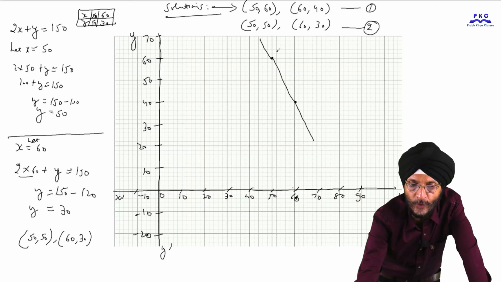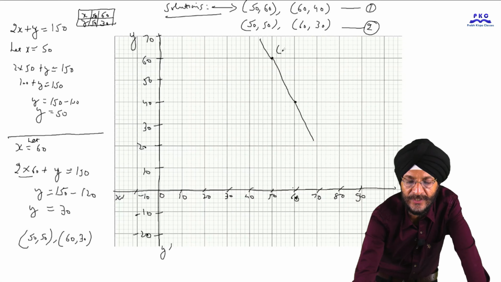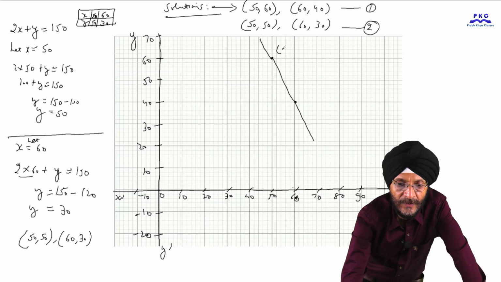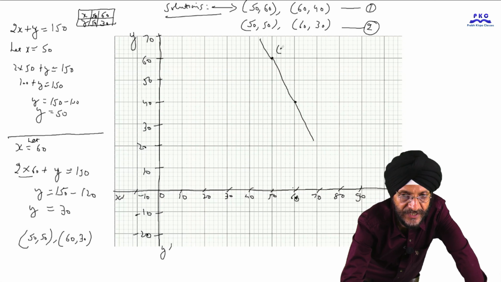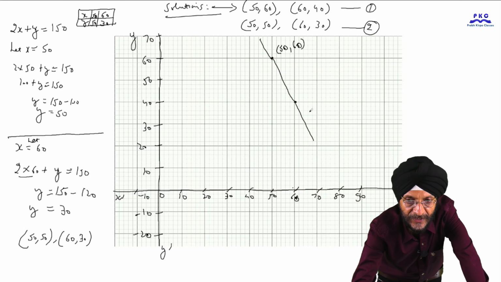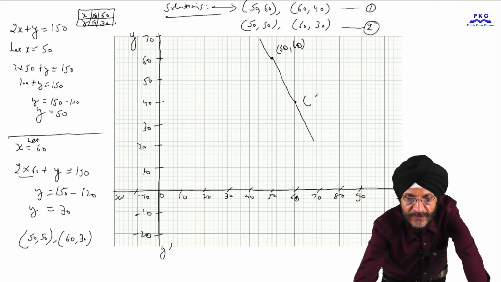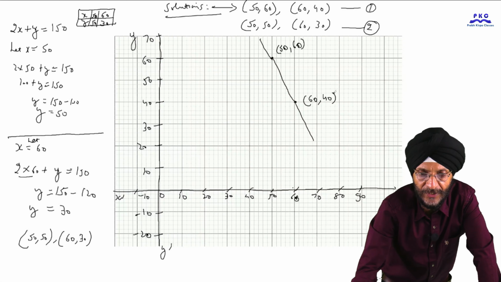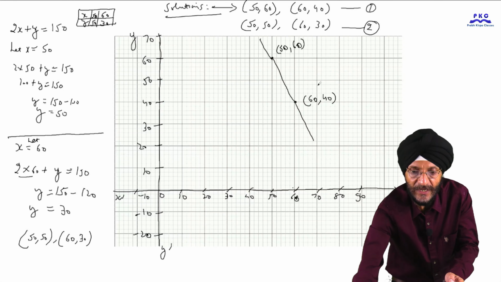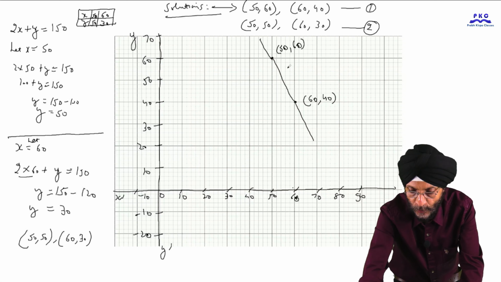We will also have to write here the solutions on the basis of which these 2 points have been plotted. This is the point where the value of x is 50, the value of y is 60. This is the point where the value of x is 60 and the value of y is 40. We will also have to mention the equation.